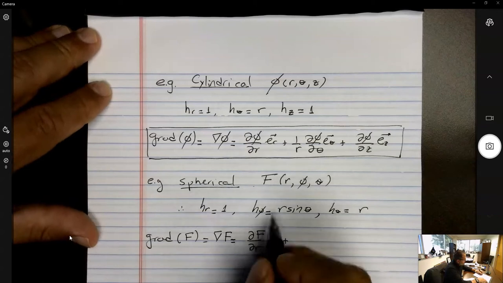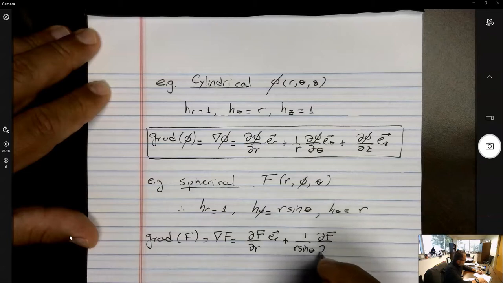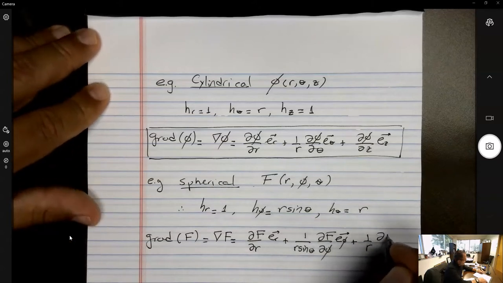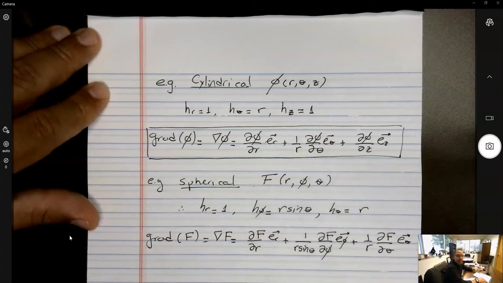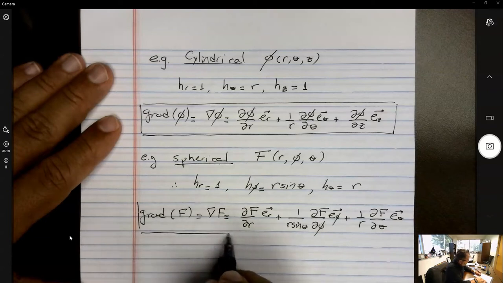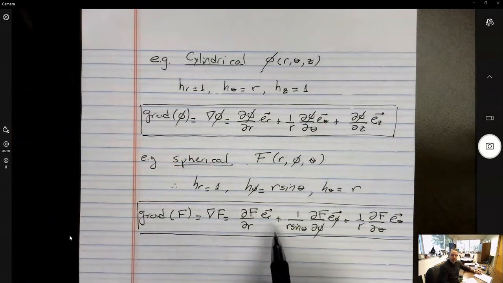Then take 1 over r sine of theta, multiply that times the derivative of f with respect to phi in the phi direction, plus 1 over r df d theta in the theta direction. Okay, so that's how we calculate the gradient of a function in spherical coordinates. So we need to include all these scale factors there in the middle of the operation.